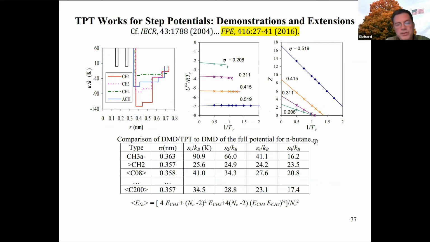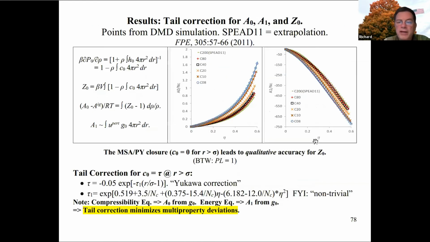So we've talked about the step potentials before. Here's the rainbow curve that I told you we would see when we see the A1 divided by the number of carbons. This result here, the purple one, is for C8. And you see the difference between C40 and C80 is barely distinguishable. By the time we get to C80, this is just one curve.